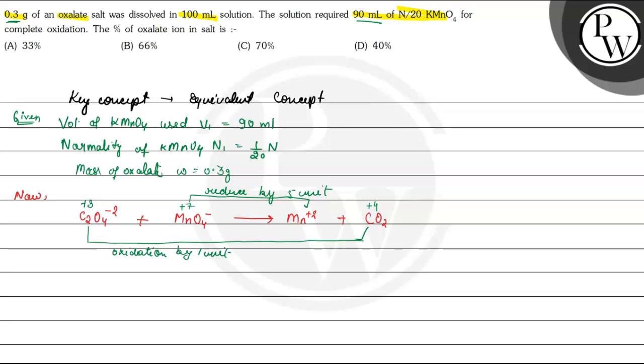For that we multiply the carbon containing species with 5 and the manganese containing species with 2, because for one carbon it's plus 1, so for 2 carbons it's plus 2. So the equation we have is 5 C2O4 2- plus 2 MnO4 minus changes into 2 Mn2+ plus 10 CO2. This is the balanced equation.